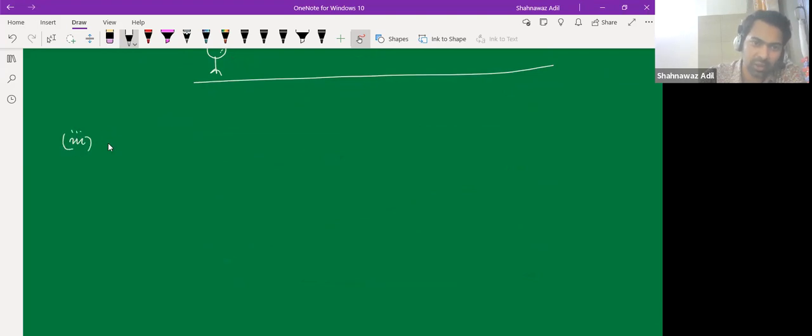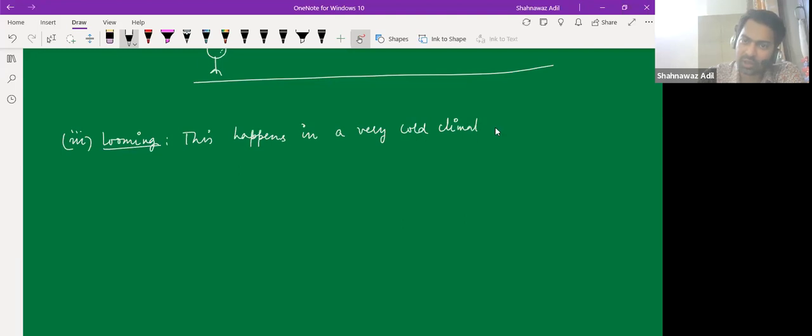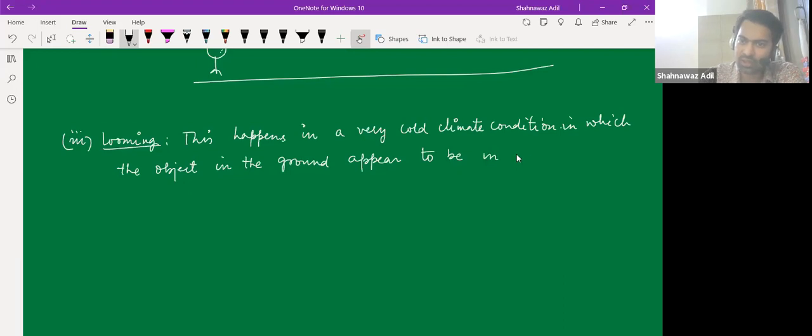The third one is looming, and this happens in very cold climate conditions, in which an object on the ground appears to be in the sky.